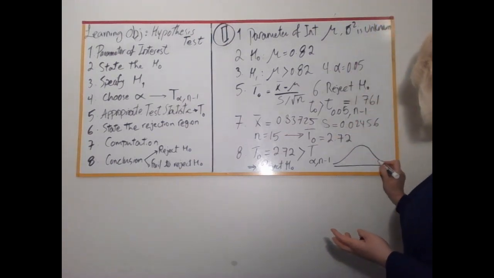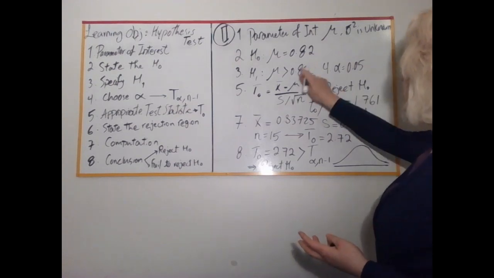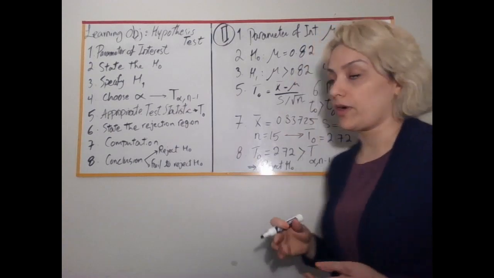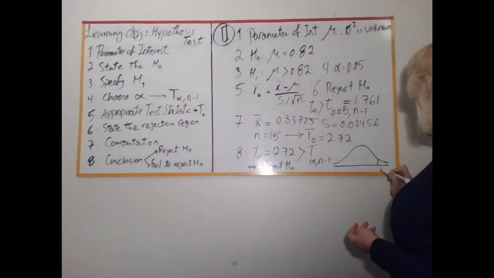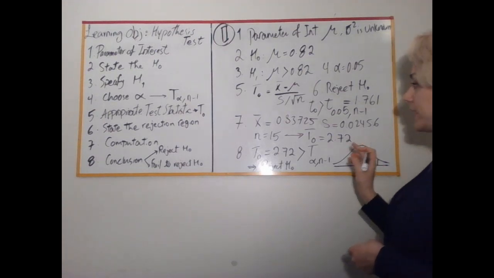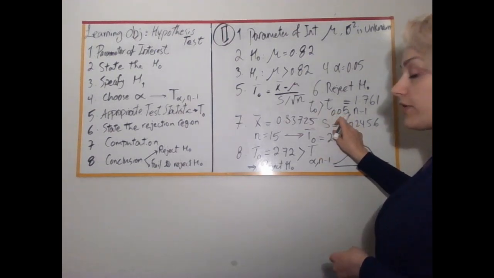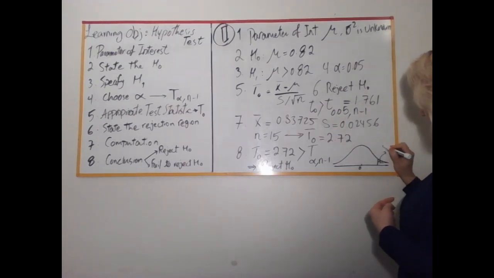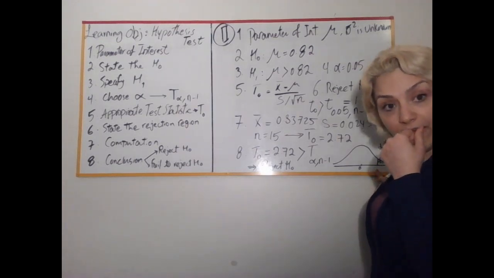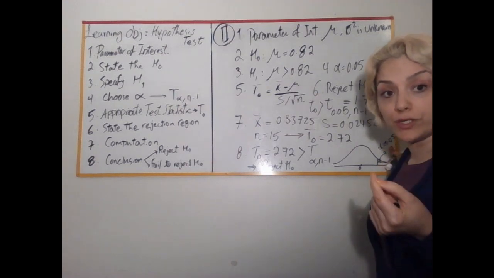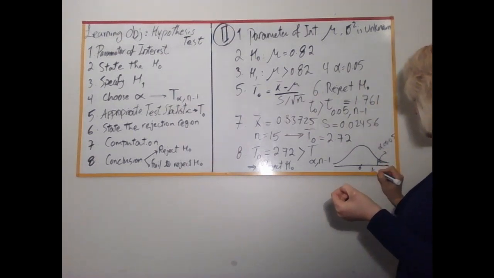Our alternative hypothesis is that mu is greater than 0.82. So my t is here, there is 0. My t from the table, this is alpha, right? So for the t value for this 0.05 with the degree of freedom of 14, it's going to be 1.76.